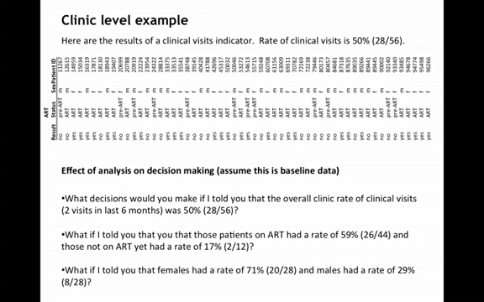We want to make the best decisions possible. Although we may not be able to infer directly from this data that ART status and sex have a role in determining clinical visit success, these data are very suggestive, and perhaps you would do a more rigorous study afterwards.